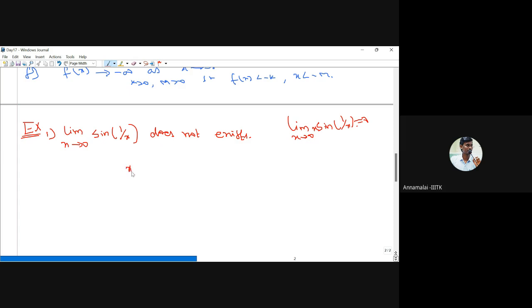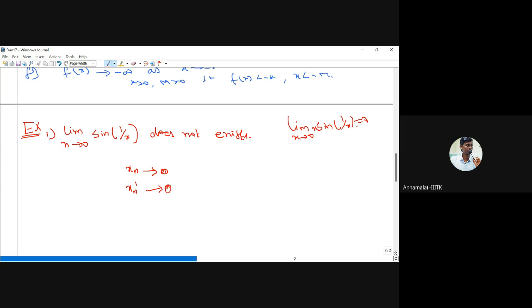That is, we are going to construct two sequences xn and another sequence xn dash, both converging to a. What is the definition? If you take any sequence converging to a, f of xn converges to l, if l is the limit. Here a is 0. Therefore, take any sequence xn, all non-zero, converging to 0.